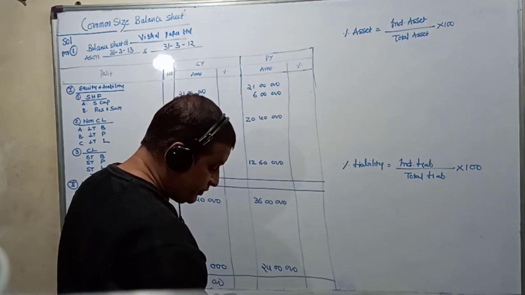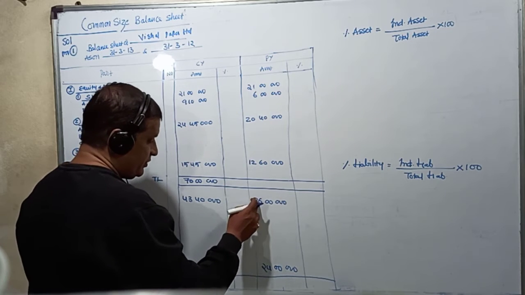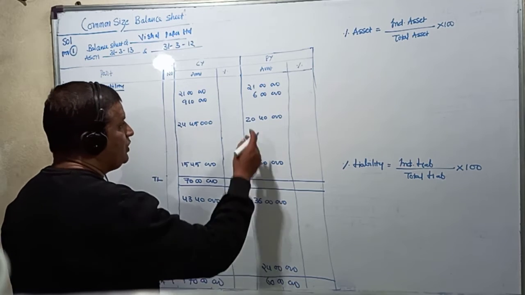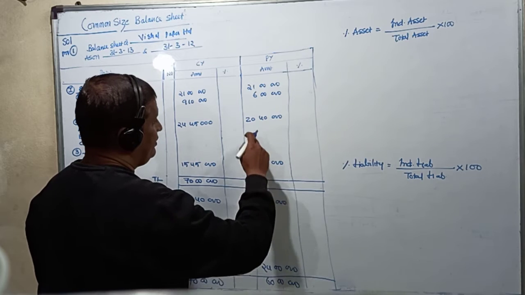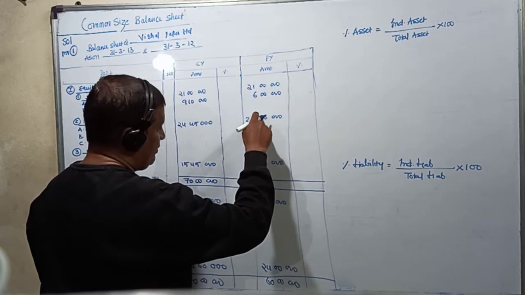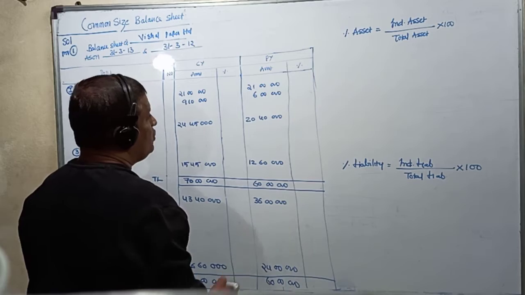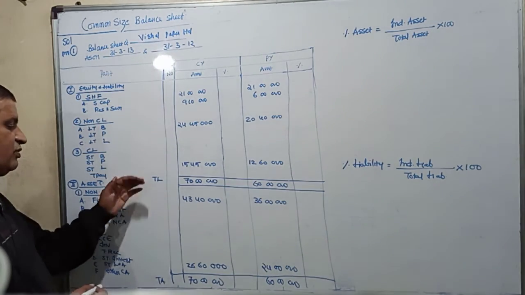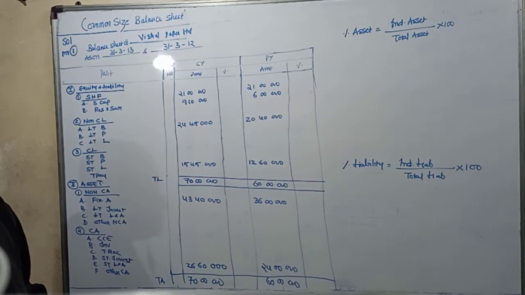Now come to the previous year. The previous year total is 60 lakhs. In a balance sheet, total assets will always be equal to the total liabilities. So with this, we finished the amount column.